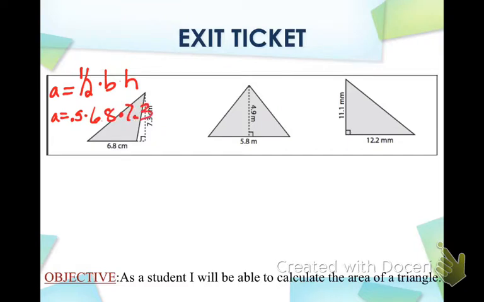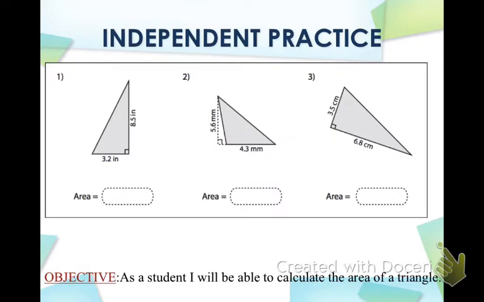And you should have gotten an answer of, oops, sorry, this is the exit ticket. Wrong one. Got to go back. My bad. We want to be here. There we go. Anyway, all those things I just showed you, area equals, you should have 11.9 inches squared. So 11.9 inches squared.